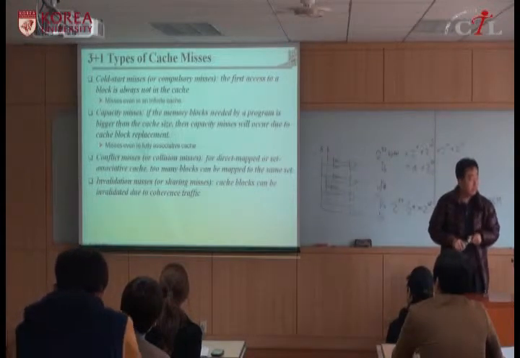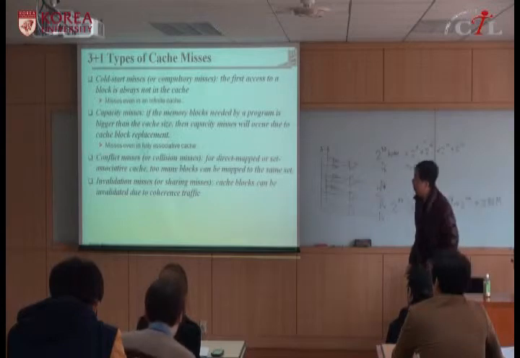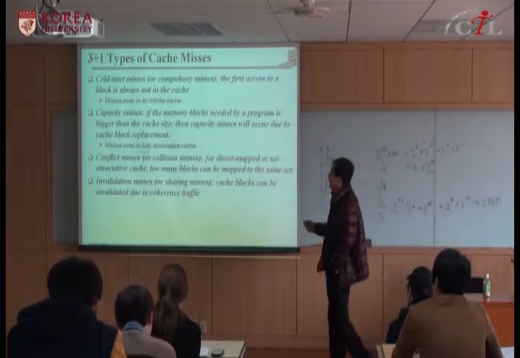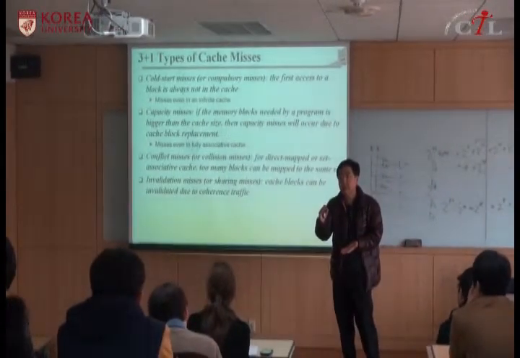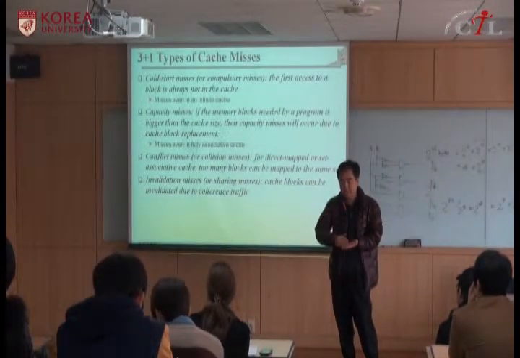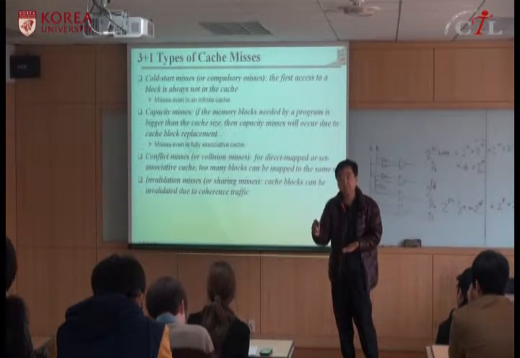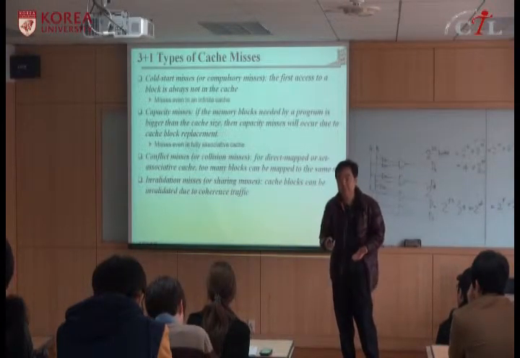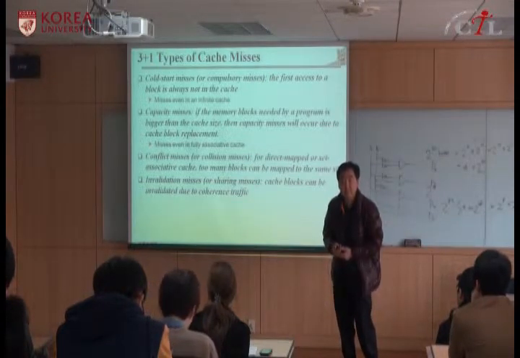Okay, the second type of miss is called capacity miss. Sometimes the cache size is limited. So as soon as the cache is filled up with memory blocks, if a new block comes in, some of the old blocks should be replaced. Right?